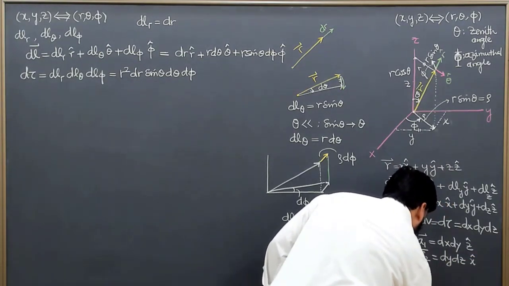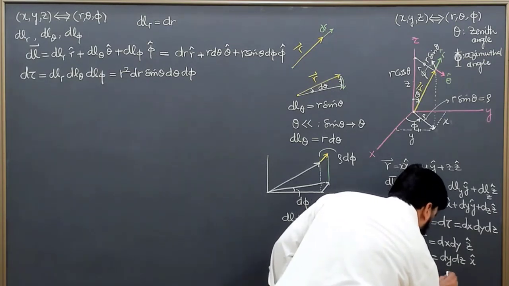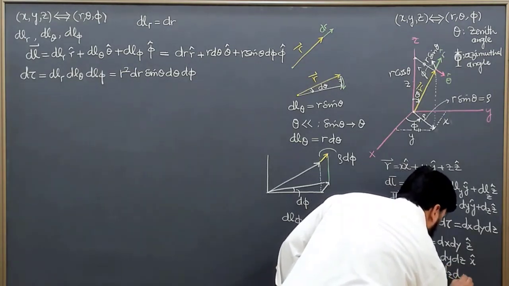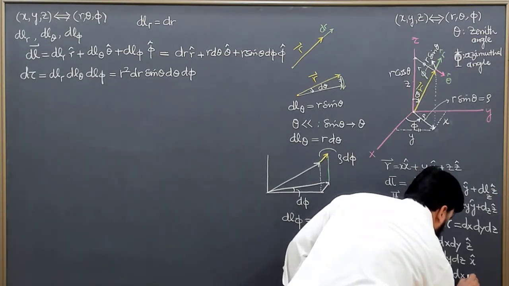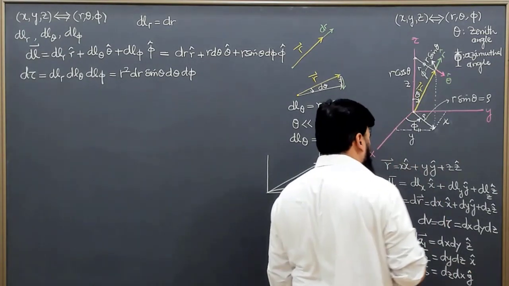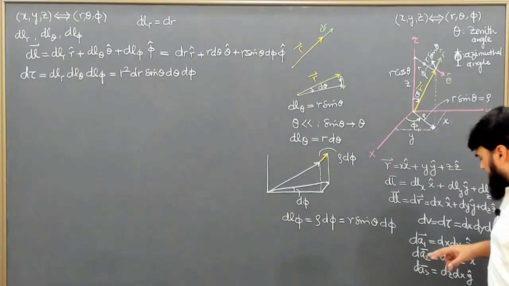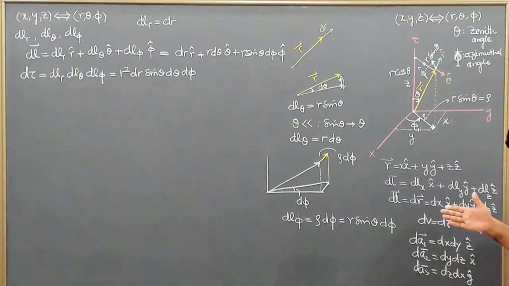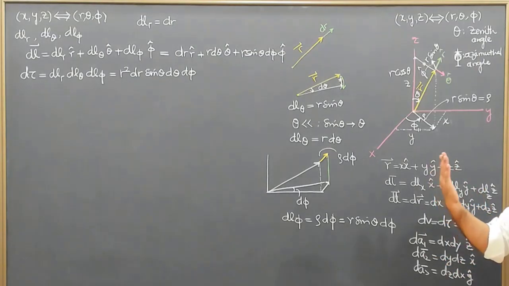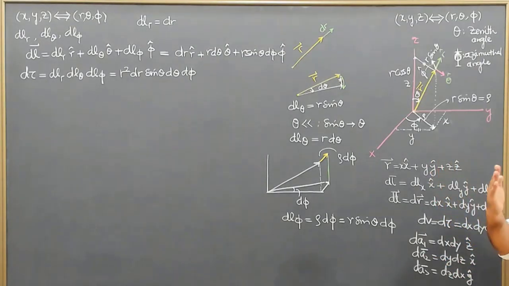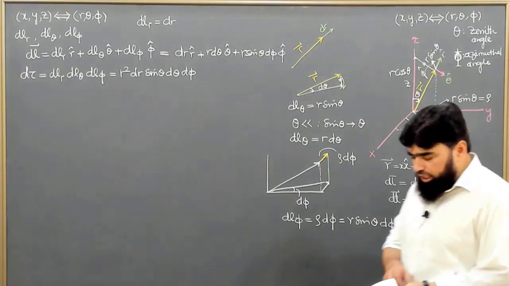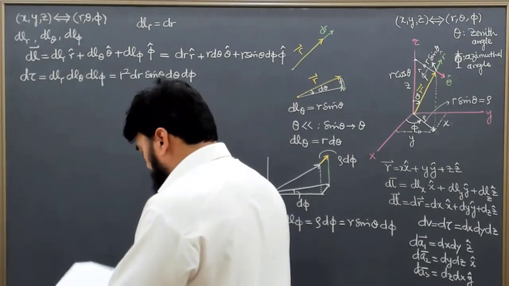And area element 3 is dz and dx, and it will be in the y unit vector. Like the xy plane will be along z, the yz plane will be along x, and similarly the zx plane, or xz plane, will be along y.